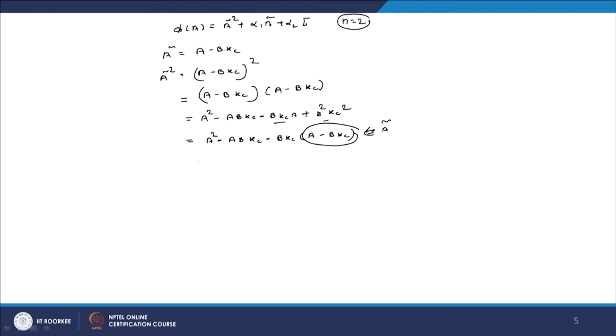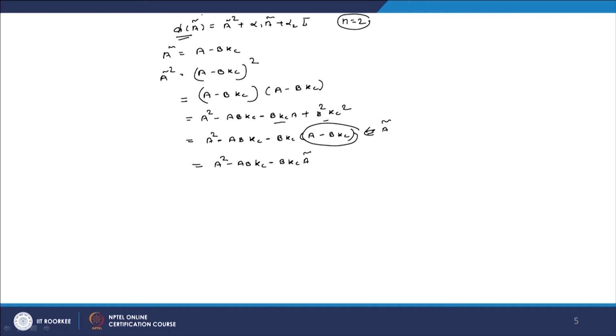So we can write down this equation as A square minus AB into Kc minus B into Kc into A bar. So we have got A bar square. Now here this phi of A is basically phi of A bar. Now we have got these equations.